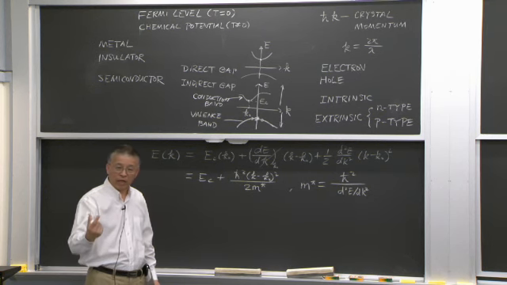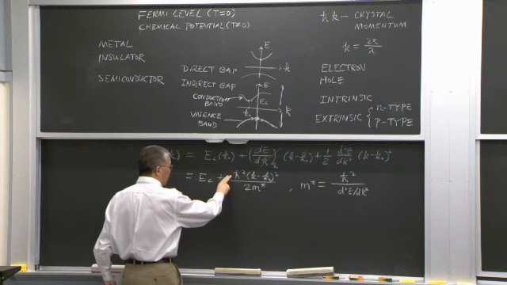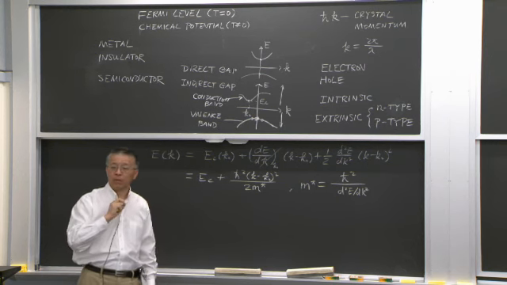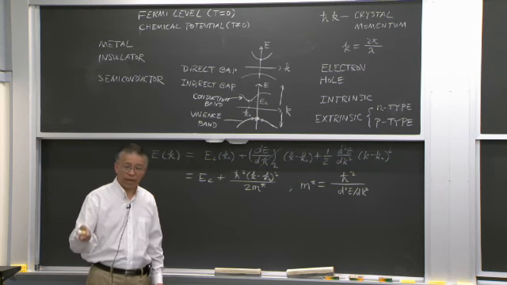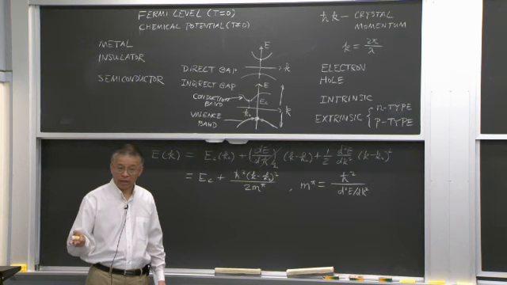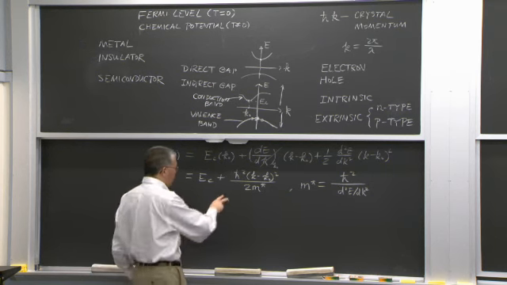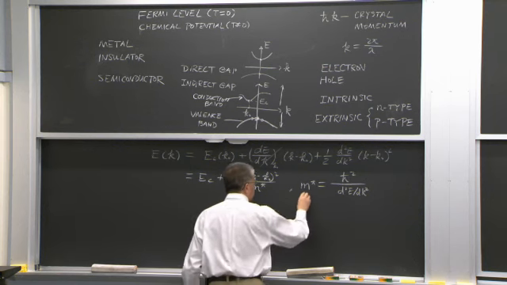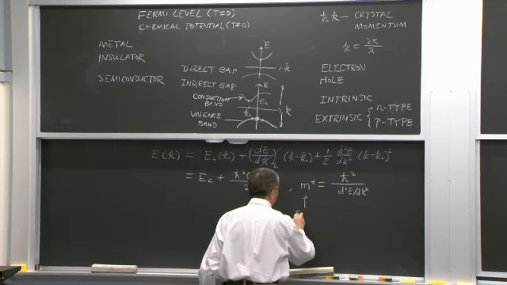If I write a free electron, ħk is the momentum, divided by 2m, that's the kinetic energy, right? So by writing it like this, I introduce this m star as the effective mass.